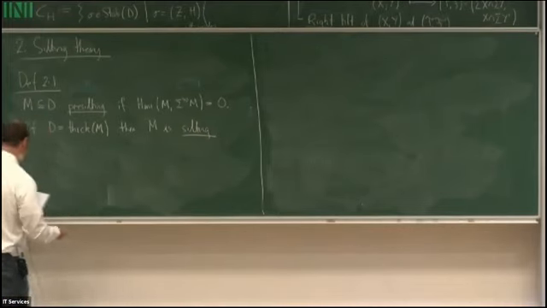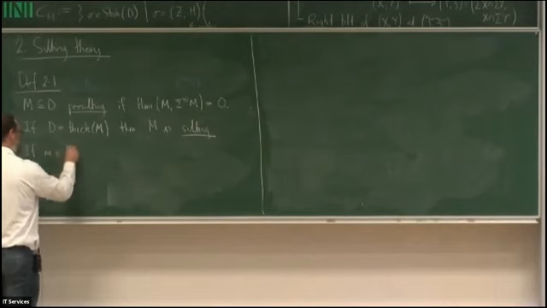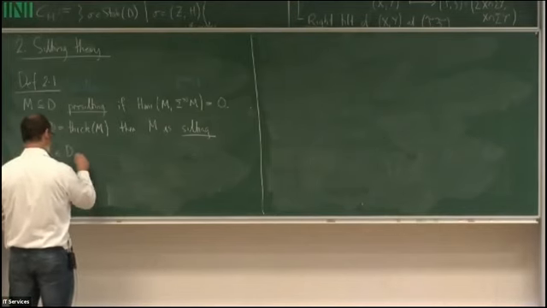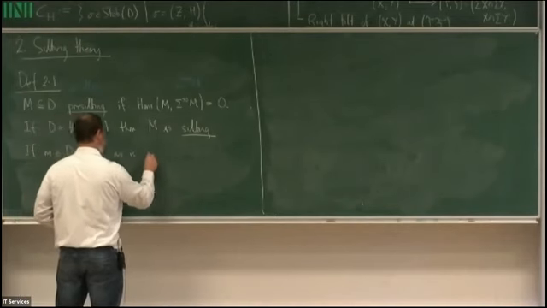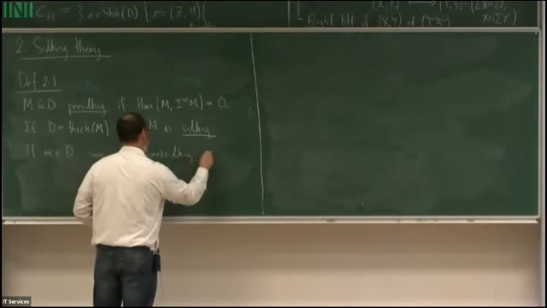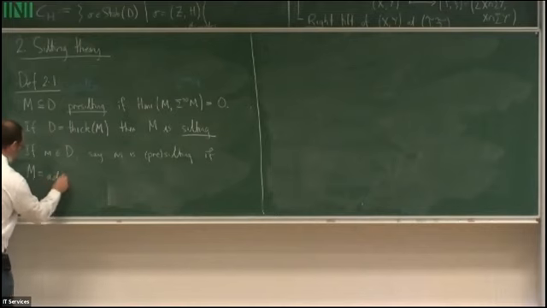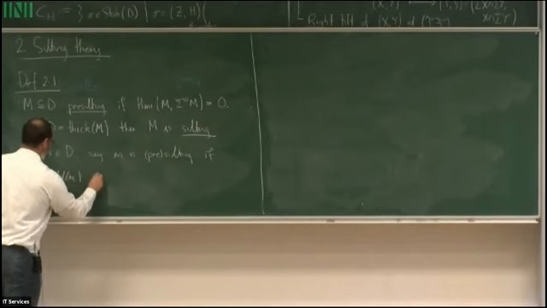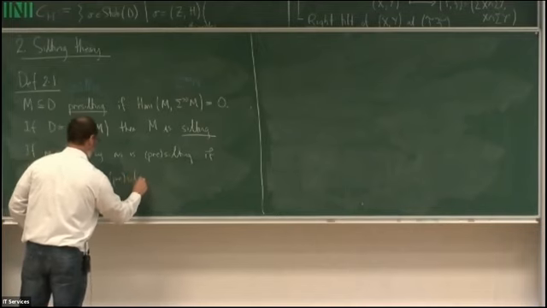And if M is an object, indeed, say M is pre-silting if the subcategory generated by it, so the additive subcategory generated by it, is.